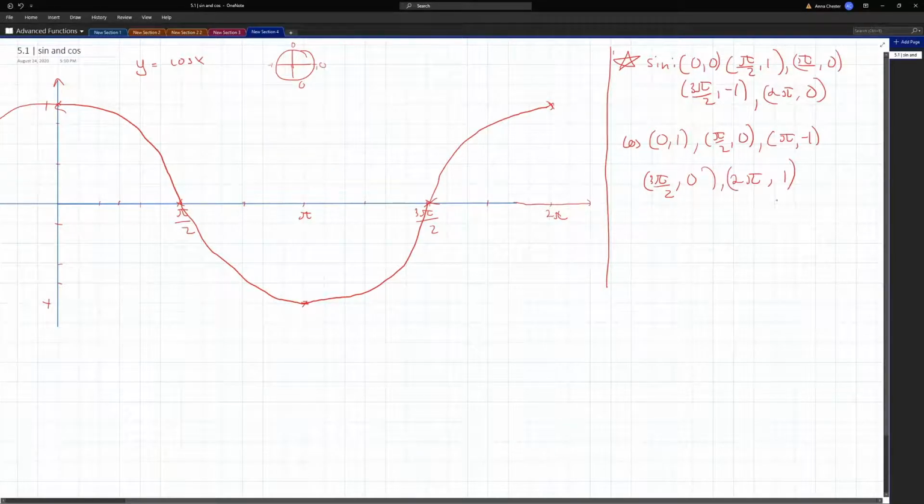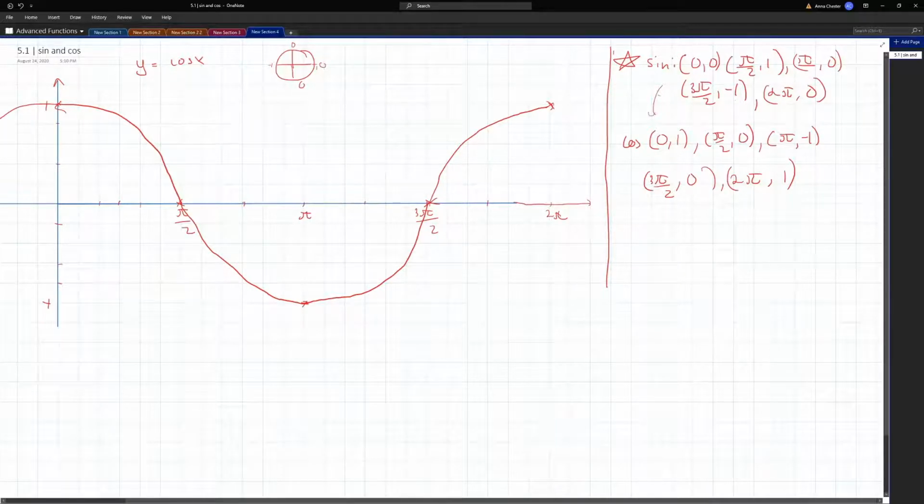Also, you might notice that all we have done to transform from this to this is actually move all the values over by 1, right? So when we had pi over 2, we had 1. When we had pi, we had 0. So again, we just took all these values and then moved them down by 1.